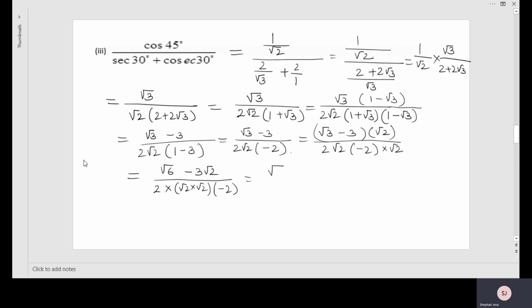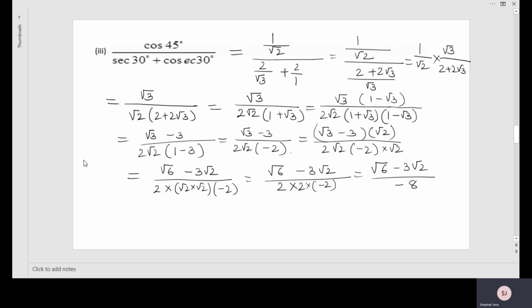So it is root 6 minus 3 root 2 divided by 2 into 2 into minus 2. It will come root 6 minus 3 root 2 divided by minus 8.